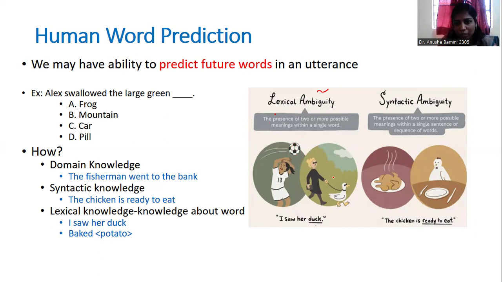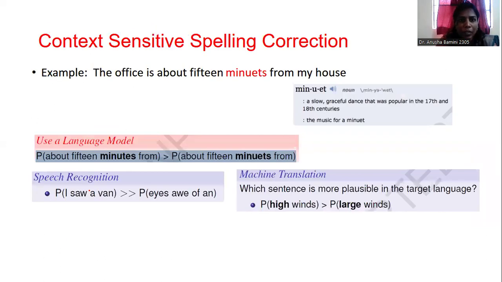If a girl goes with some duck, it comes under this meaning. This is called lexical knowledge. Based upon the meaning of the word, we think what it may be, based on the background in which that particular word is used. So three kinds of knowledge are used to predict the future word.